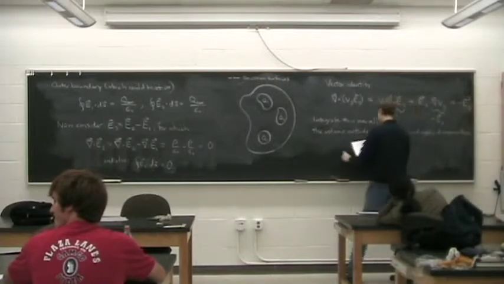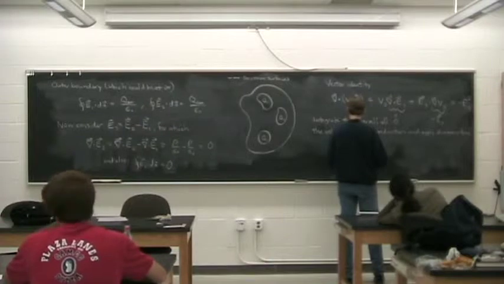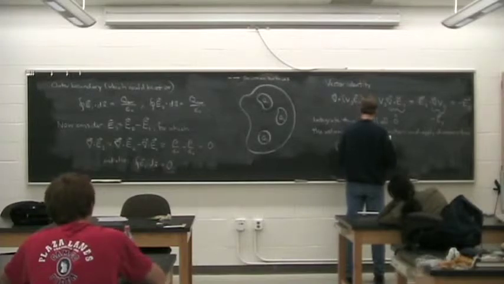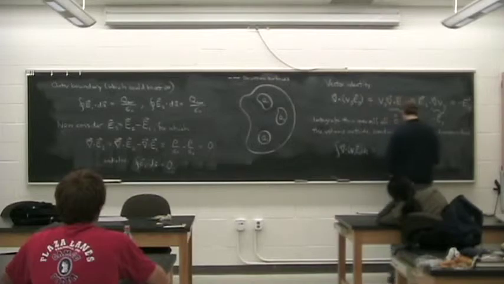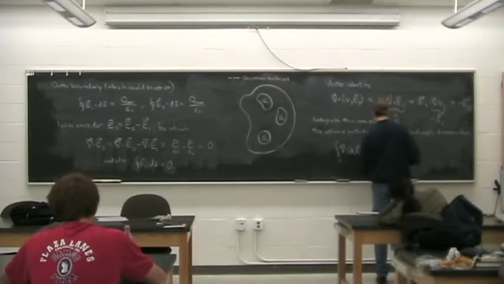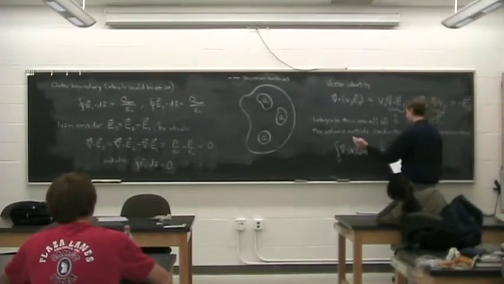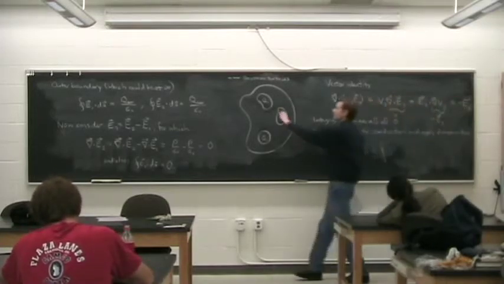So we can say that the integral of div V3 E3 d tau, by the divergence theorem, is the integral over the whole boundary surface, which is in multiple parts here.